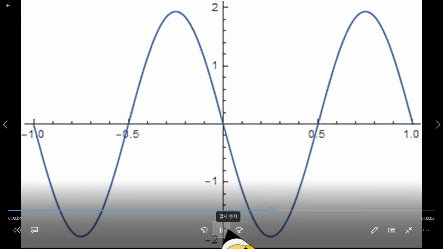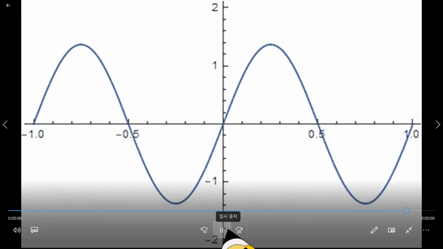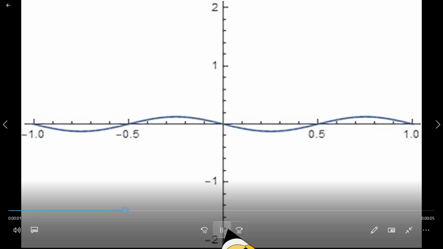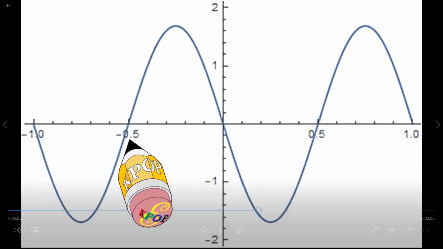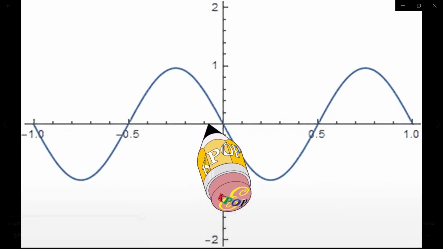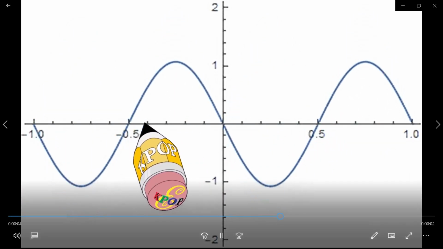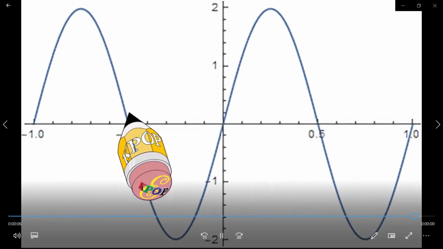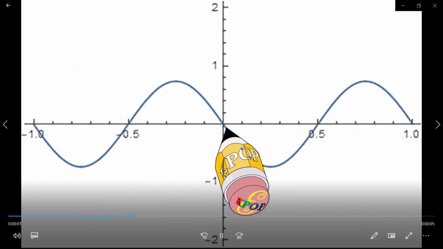This is a wave. It has a wavelength from here to there. This is the wavelength.